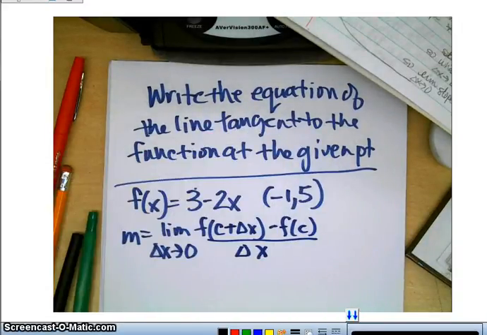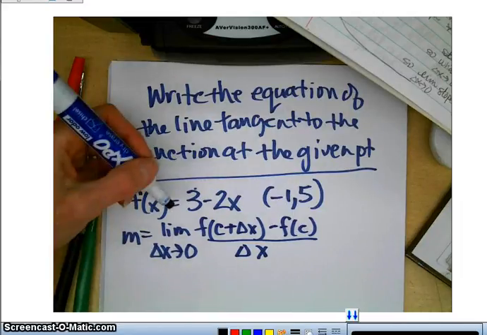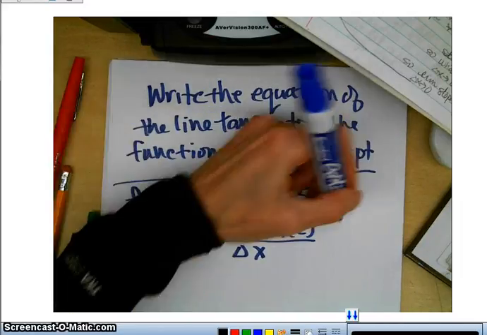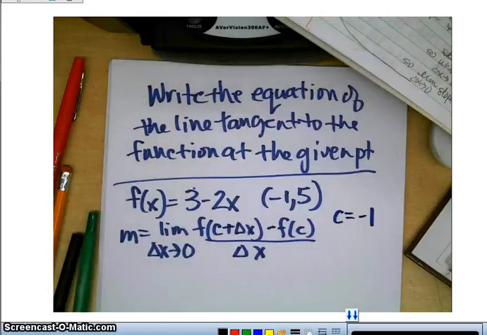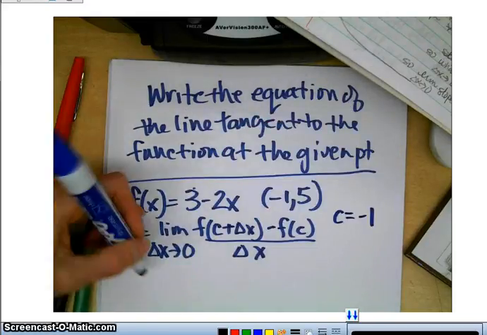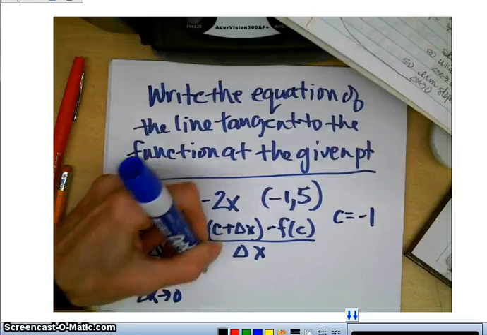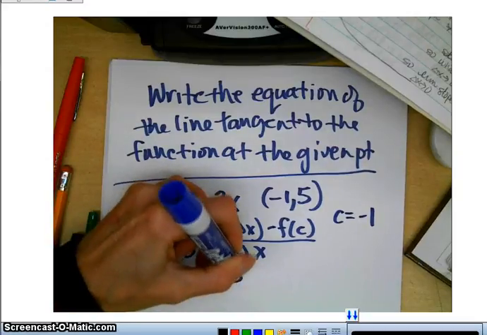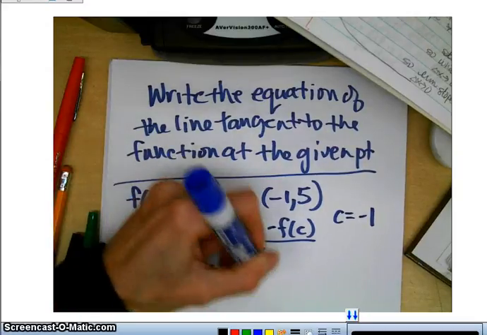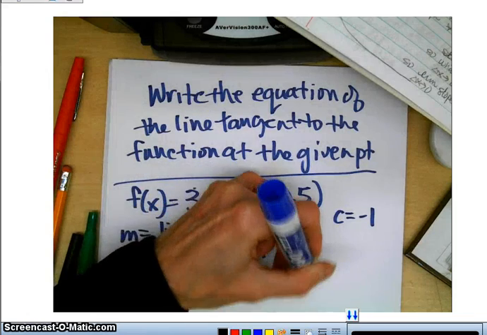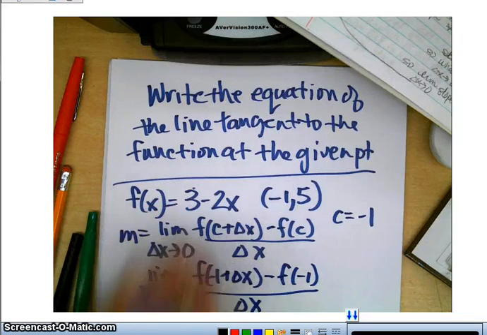I'm going to write that formula down every time. So what's my c? C is negative 1. So I'm finding the limit as delta x goes to 0 of f of negative 1 plus delta x, minus f of negative 1 all over delta x.